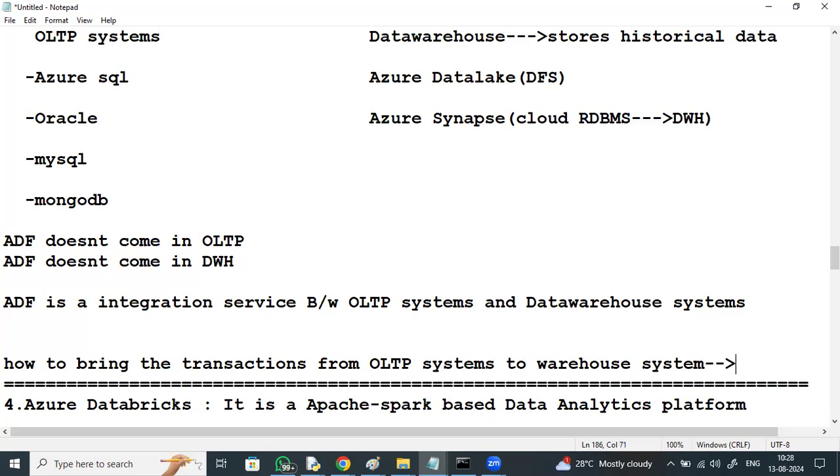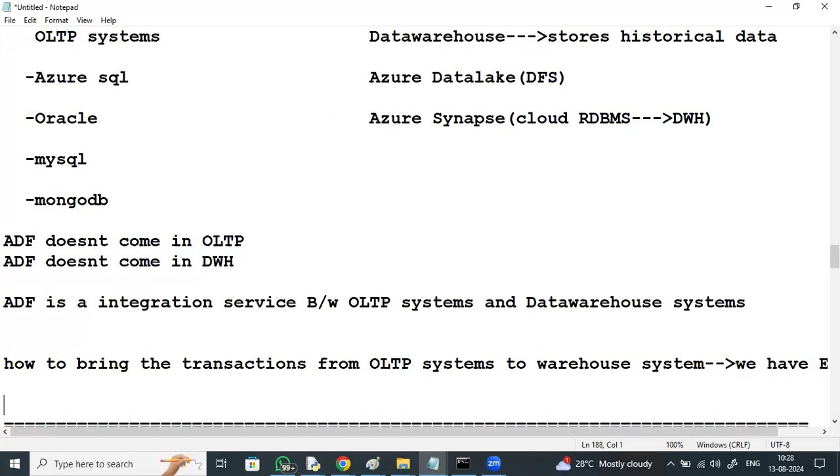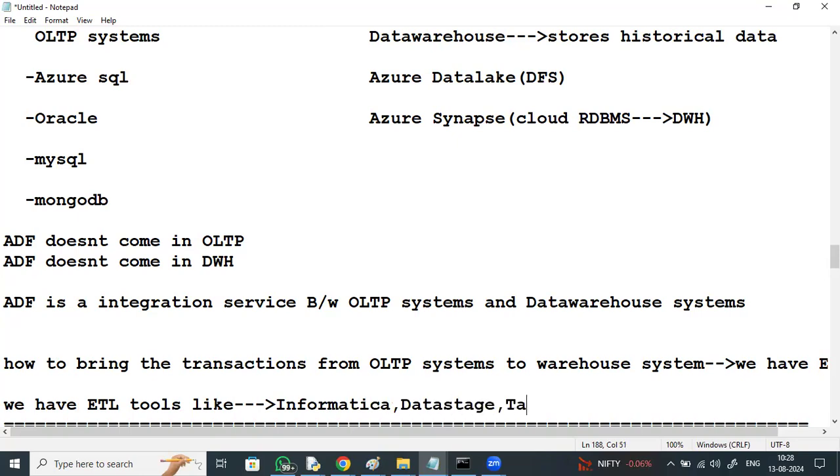We have ETL tools like Informatica, DataStage, Talend. All these are on-premise.